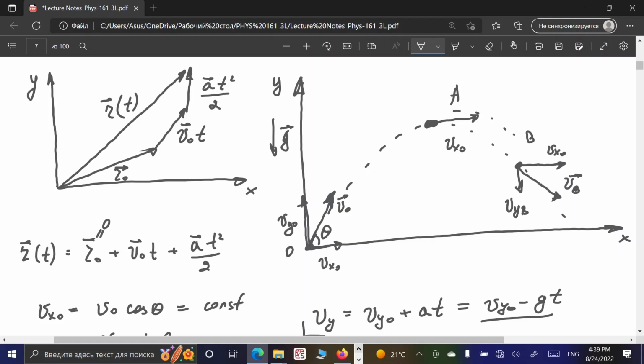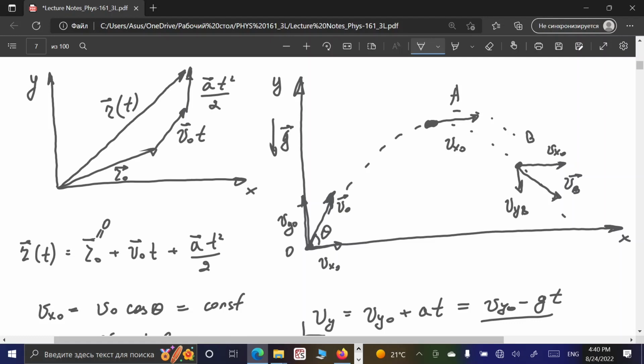With the initial velocity vector, that guy is oriented at some angle theta. That's why we have projection on both axis x and axis y.